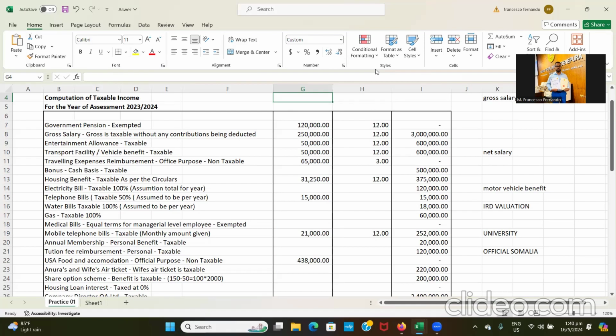So rejoin after 10 minutes after referring to the IRD table. Changa, you can share.